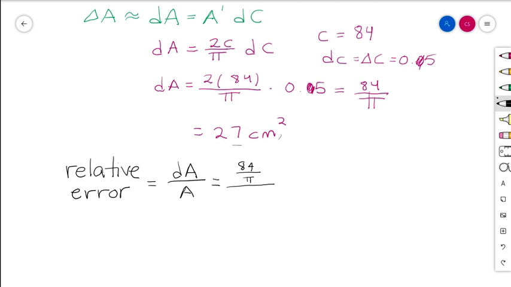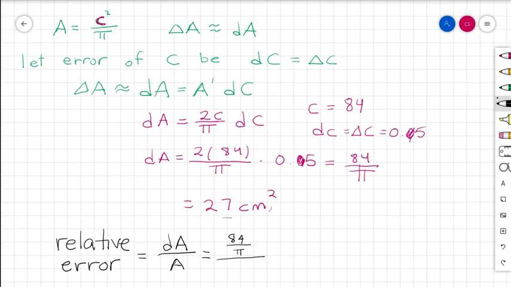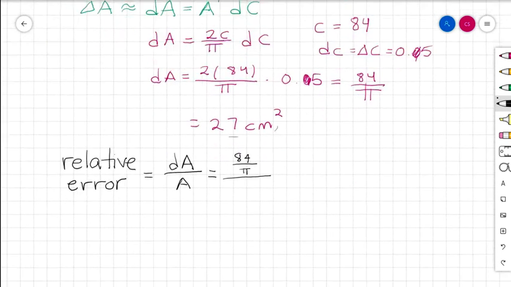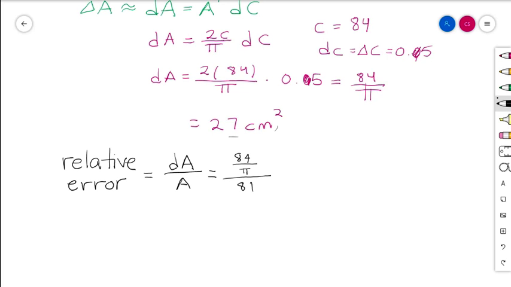The surface area, we have our equation, c squared over pi, so 84 squared over pi. Okay, lots of things cancel, and we're left with 1 over 84, which is about 0.012, or 1.2%.